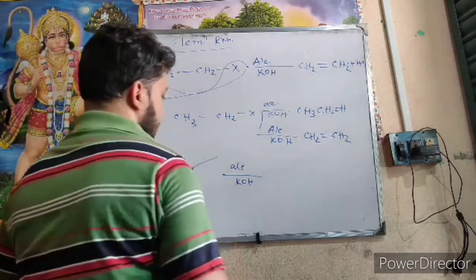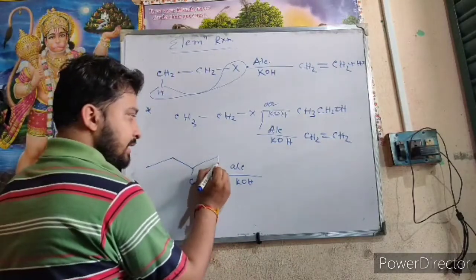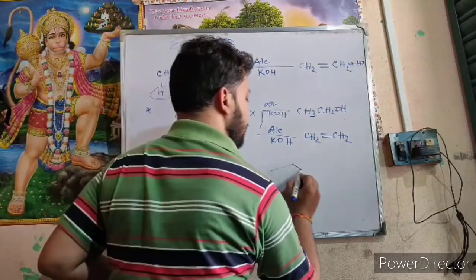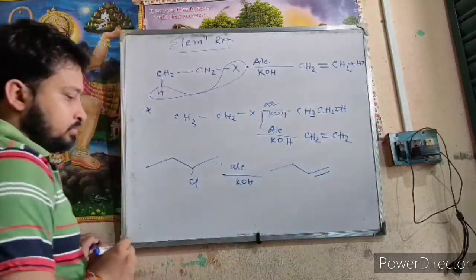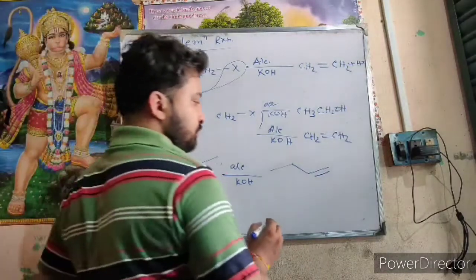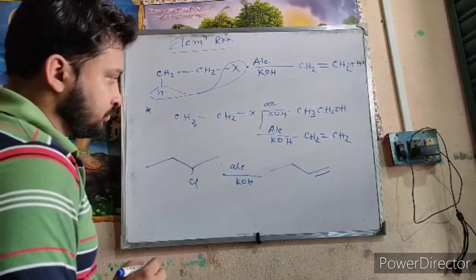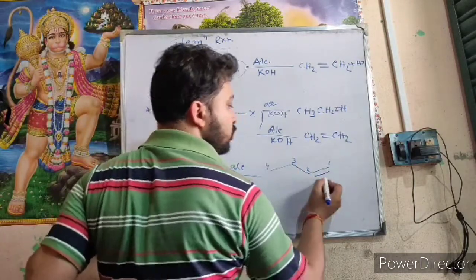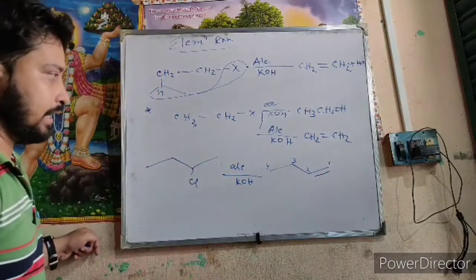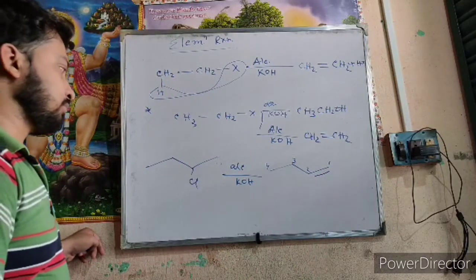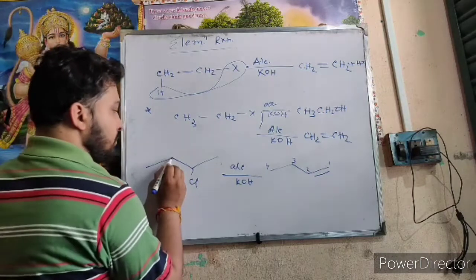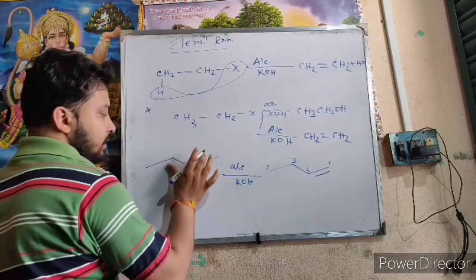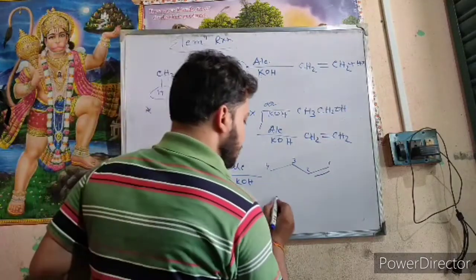If there is a hydrogen and this HCl is removed from here, the product will be this, that is 1-butene. Or if you eliminate HCl from the other side, where there is a hydrogen, you get this type of product.